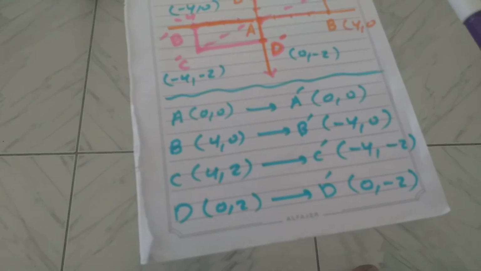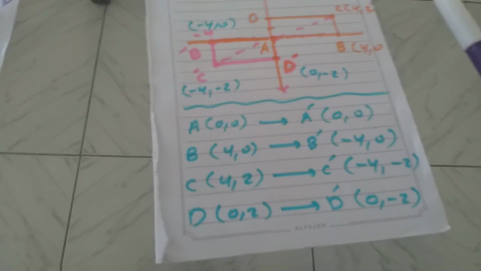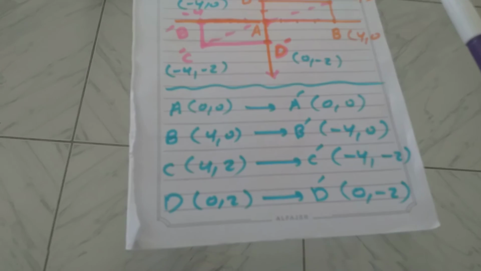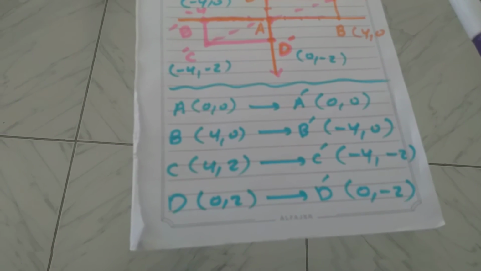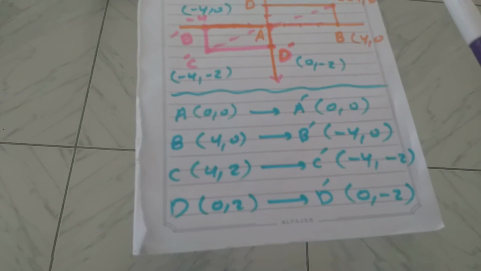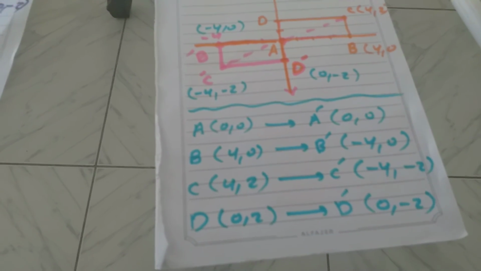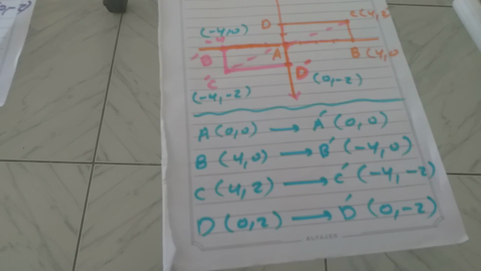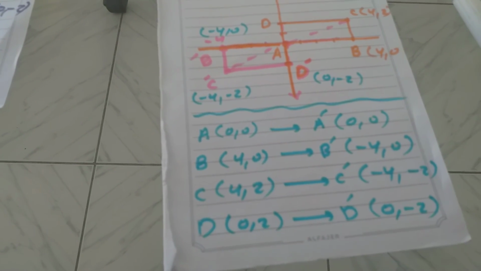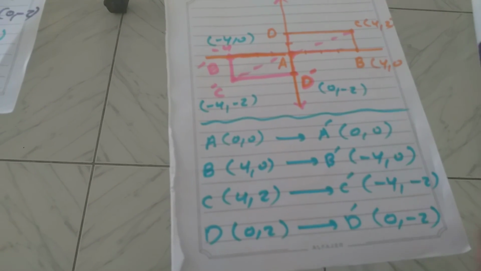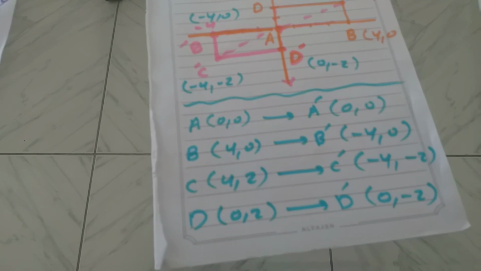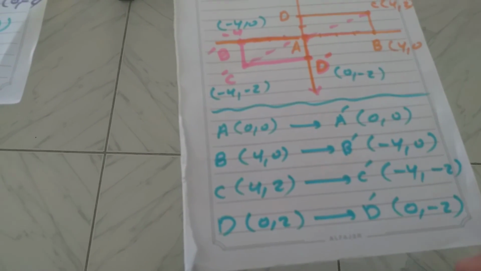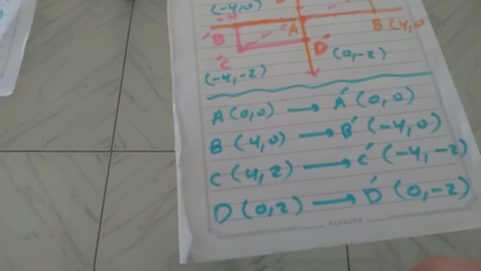If you remember, guys, I was talking about this. Please don't forget that. When the scale factor equals 1, nothing changes. But if it is negative, what happens is a reflection across the origin, or a rotation of 180 degrees.